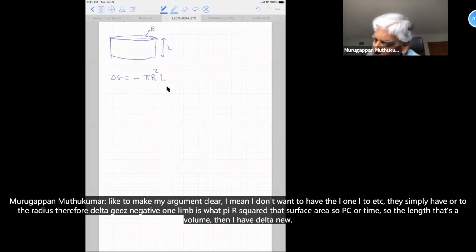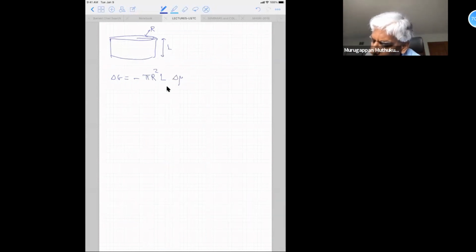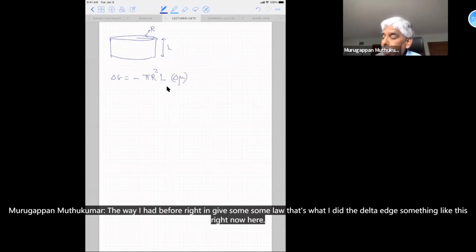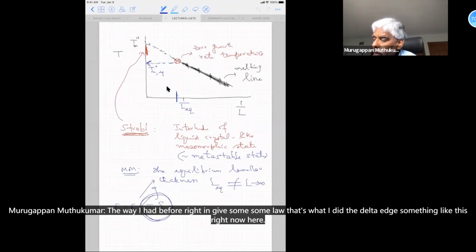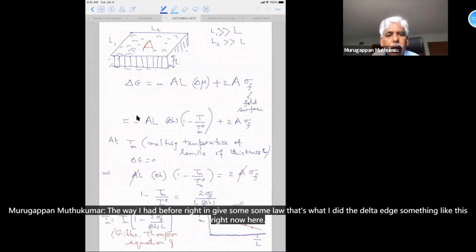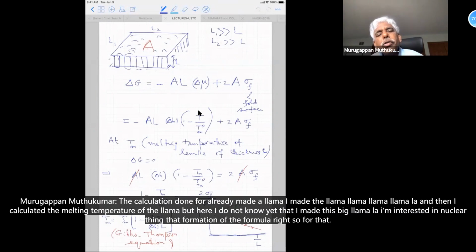Then I have delta mu, the way I had before, in the Gibbs-Thompson law, that's what I did. A, L, delta H, something like this. Now here, the calculation is done for an already made lamella. I made the large lamella already, and then I calculated the melting temperature of that lamella.